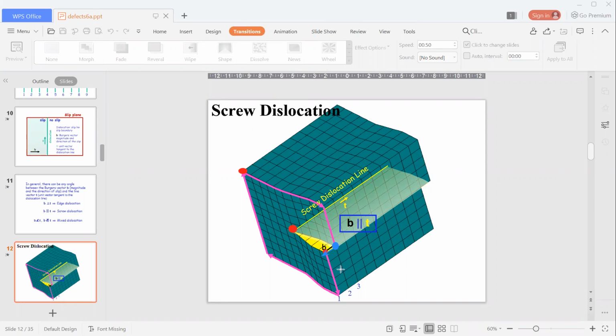What happens now if I apply a shear force along this direction? Then what happens under the influence of the shear? This particular atomic plane, the one which is along this line, has migrated over the lower region.